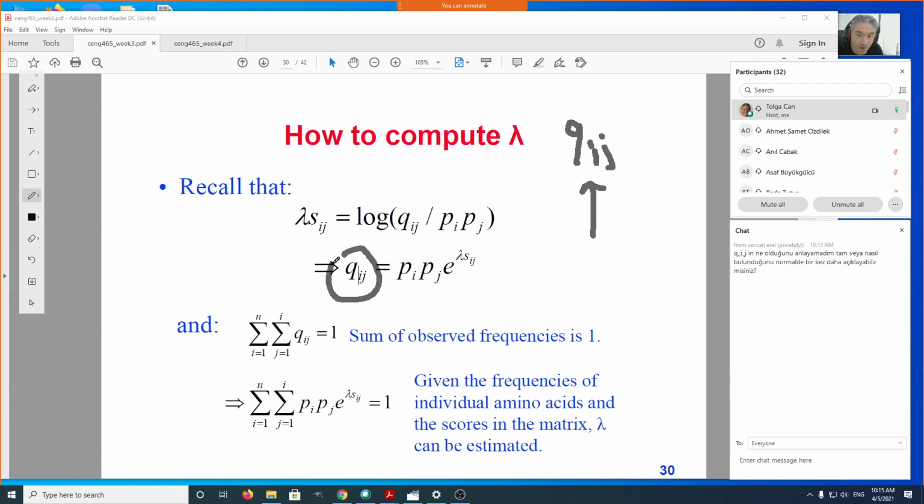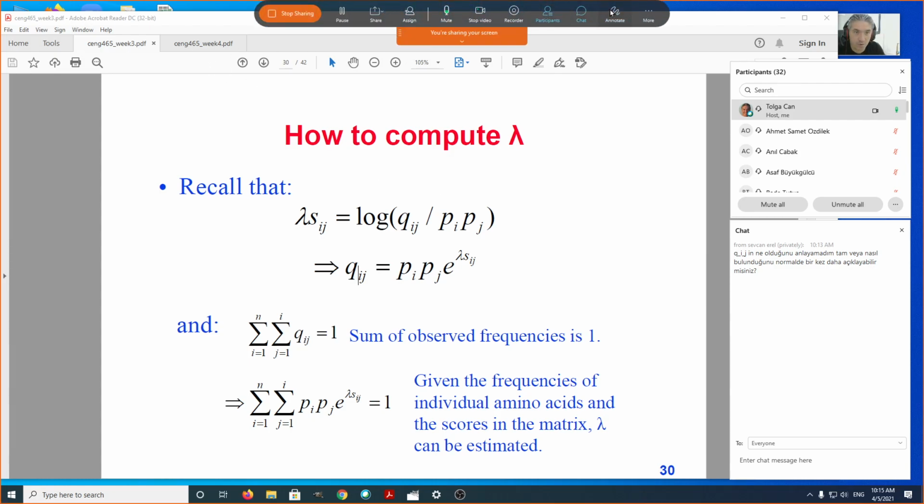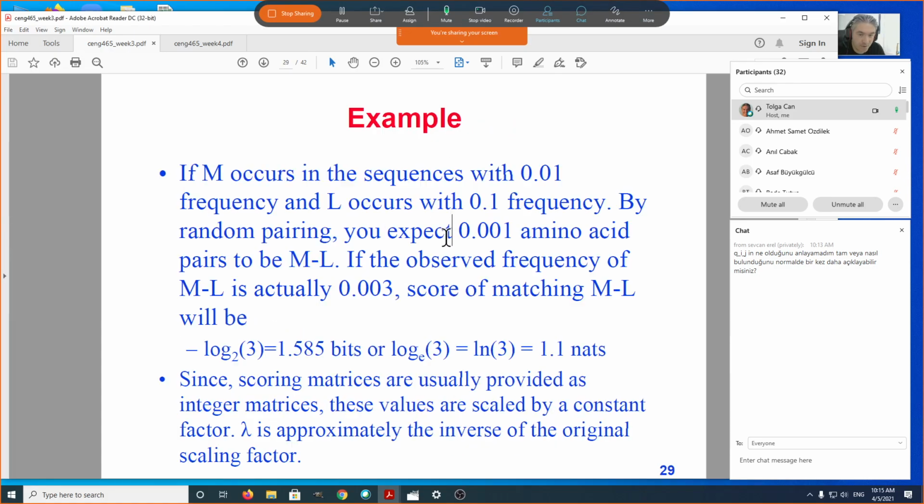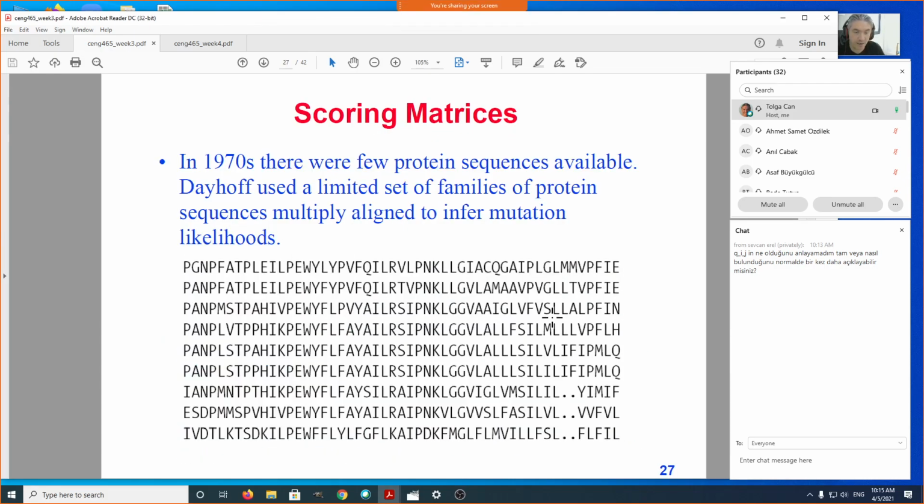This is what they did in the 1980s. So if you go on to look at a specific example, you have to look at this alignment. Imagine we want to estimate Qij from this table. Imagine this multiple alignment is the entire set of proteins we know in nature right now.